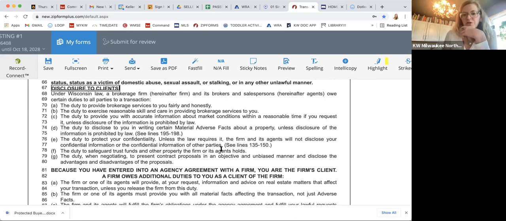So this is where we're constantly pointing back to this duty when we're responding to you on these things, that we as agents need to be servicing our clients in the best way possible.